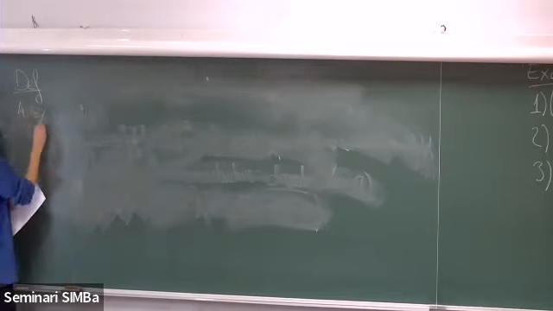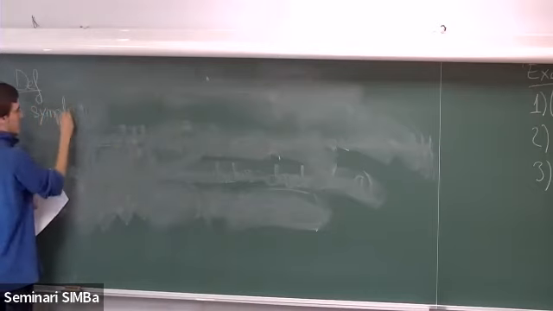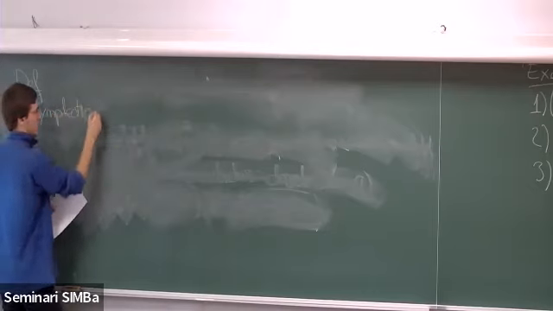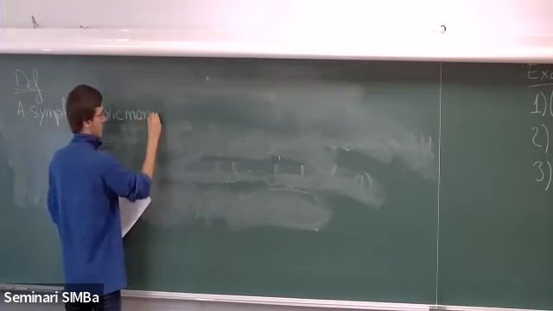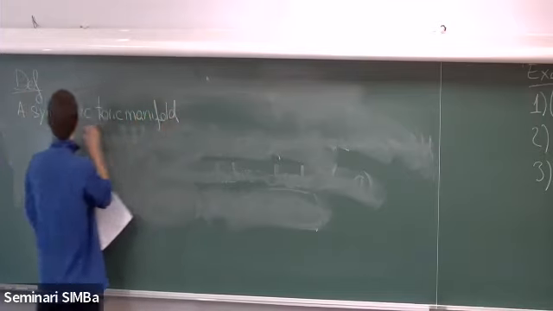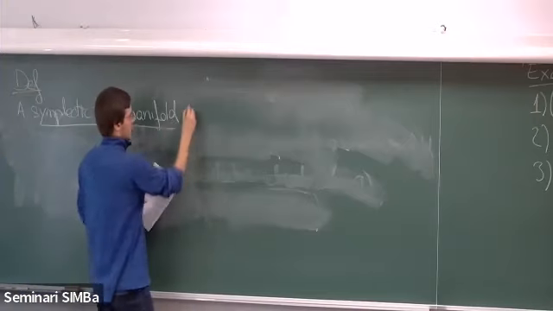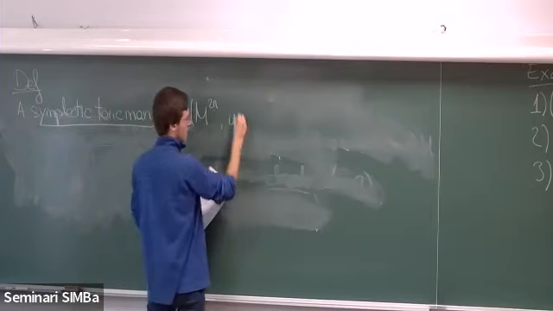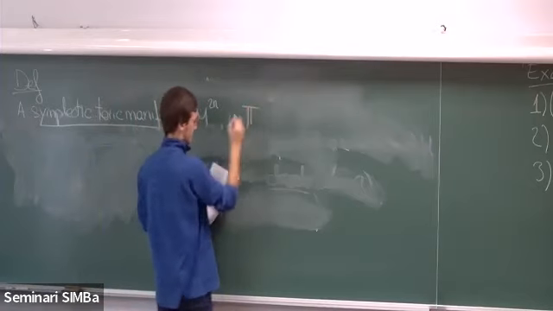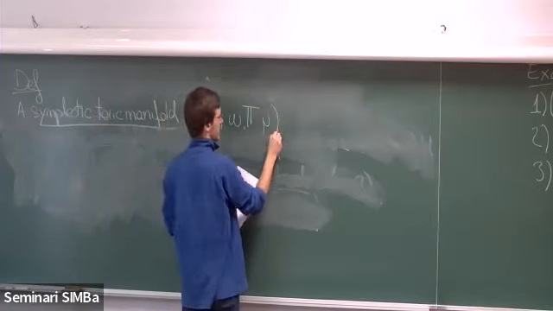So a symplectic toric manifold is made of this group of elements.